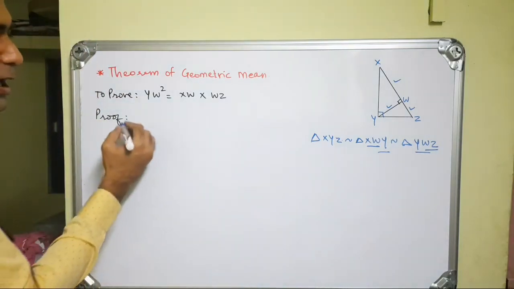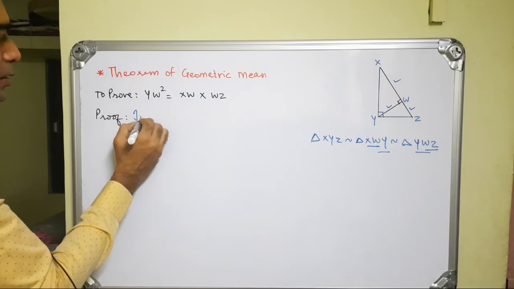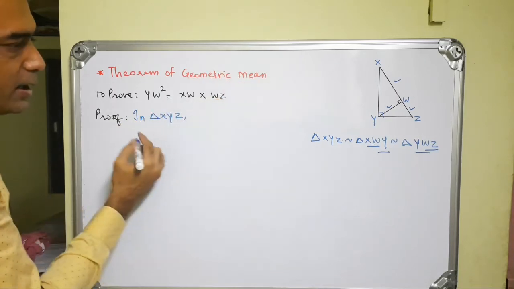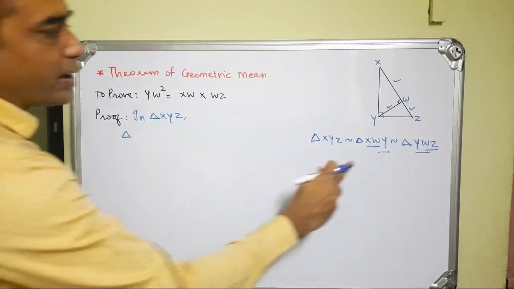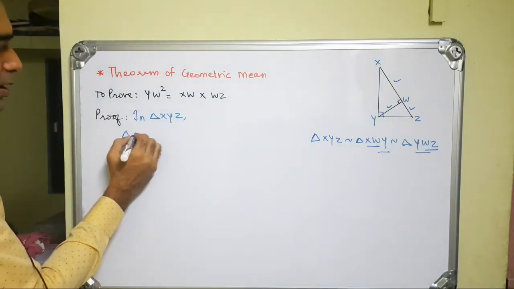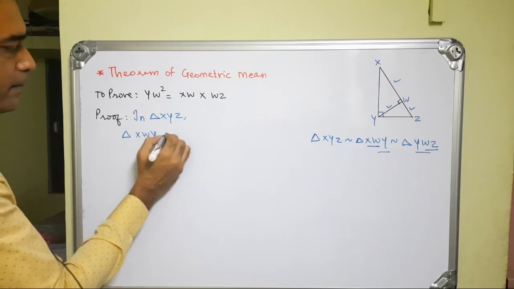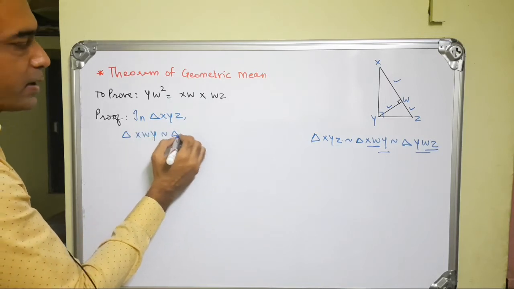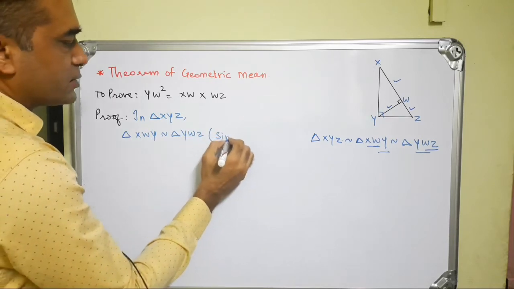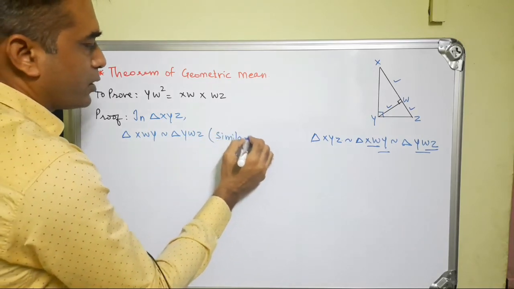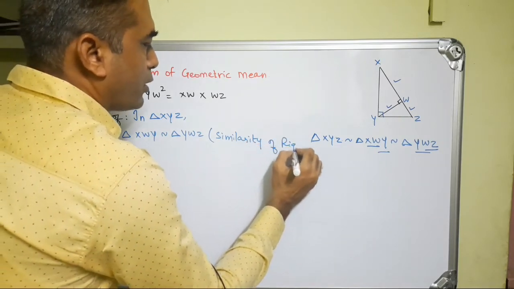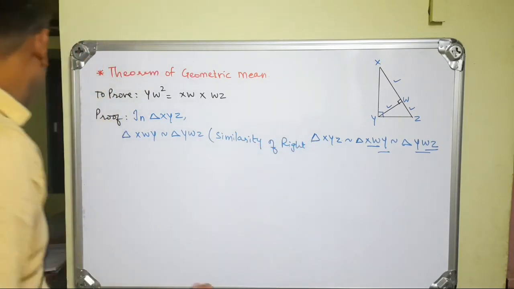So here we will take the proof in the two small triangles. Triangle XWY is similar to triangle YWZ. This is the property of similarity of right angled triangles.